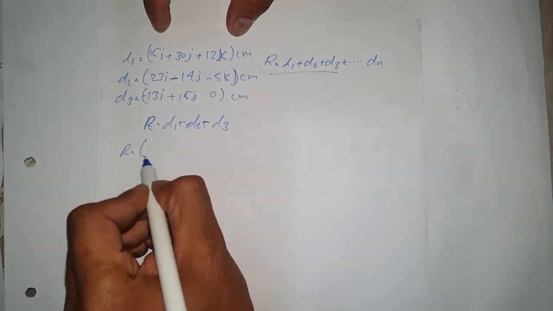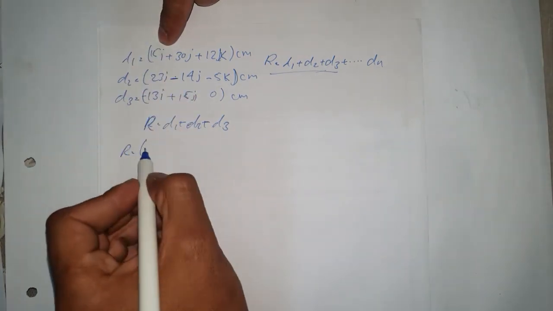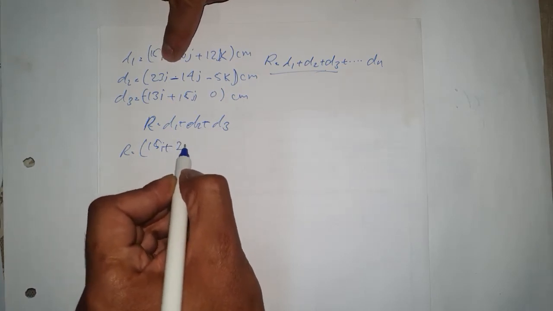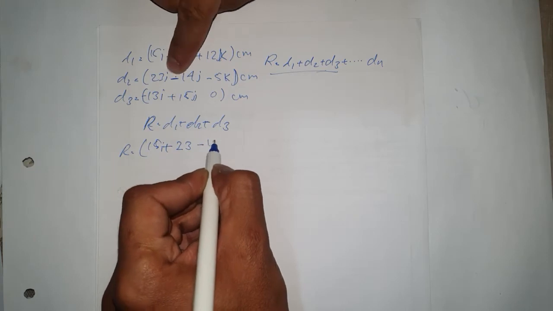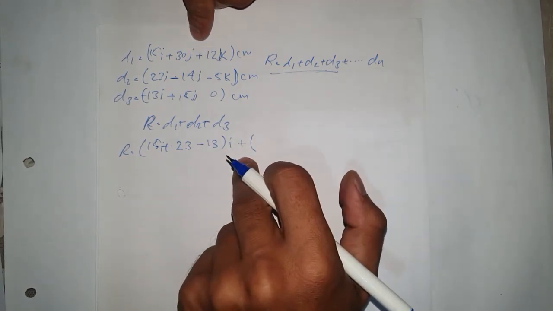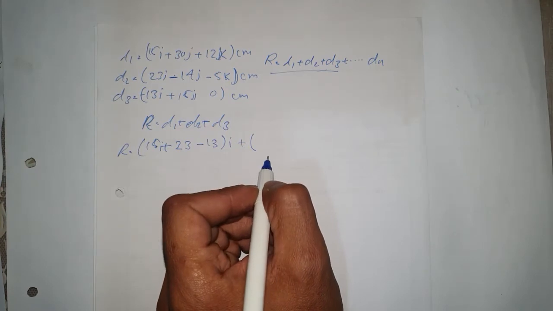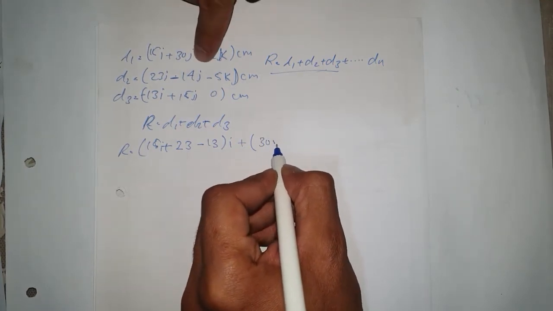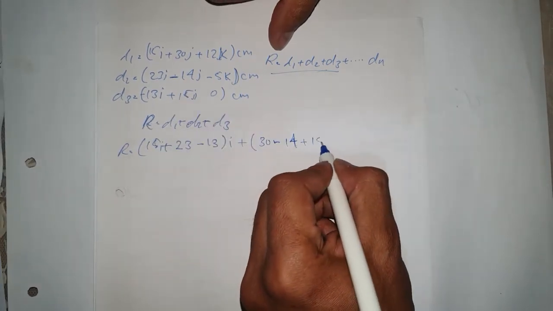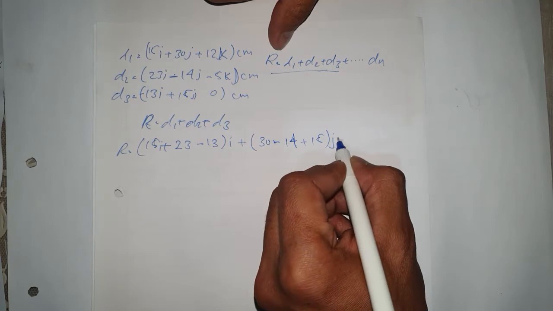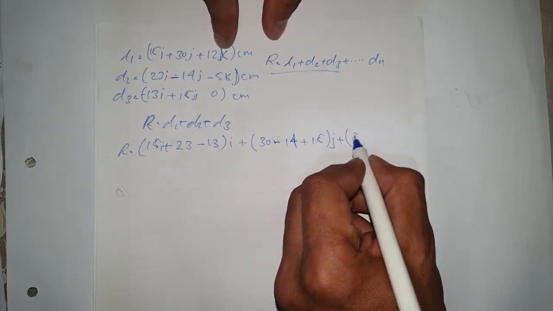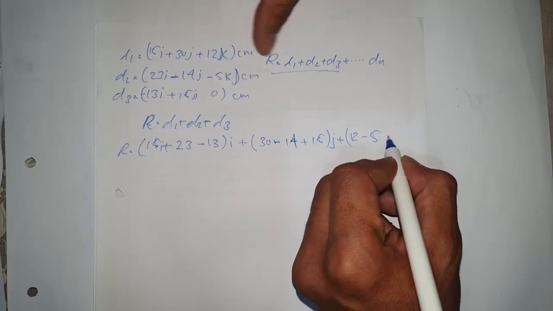First we add all the i's, the x-axis: 15 plus 23 minus 13 i. Then the y-axis displacements: 30 minus 14 plus 15 j. Then the z axis, the k: we have 12, minus 5, and here 0, so we put nothing.